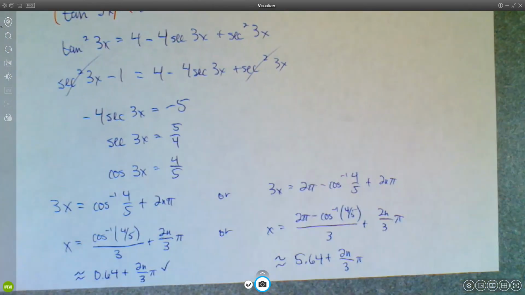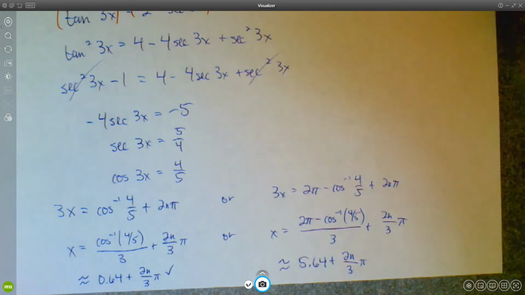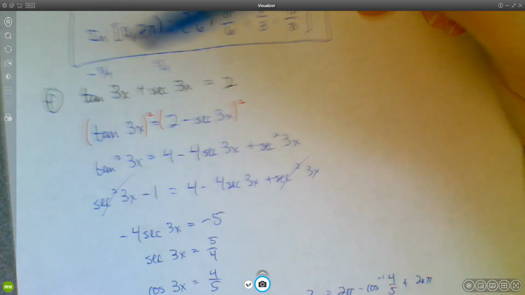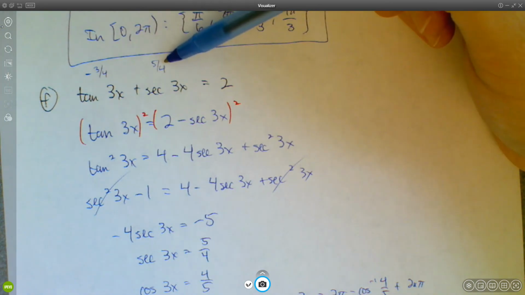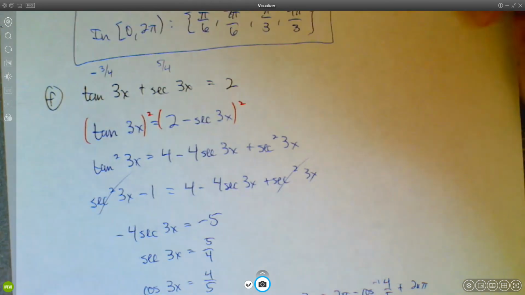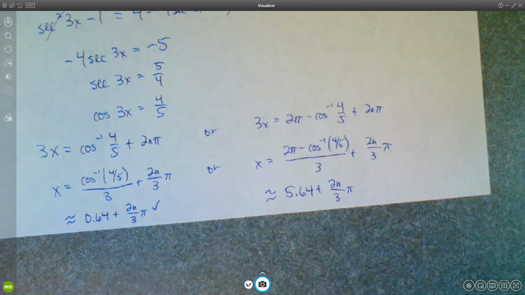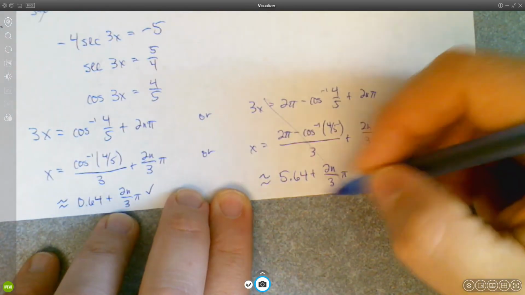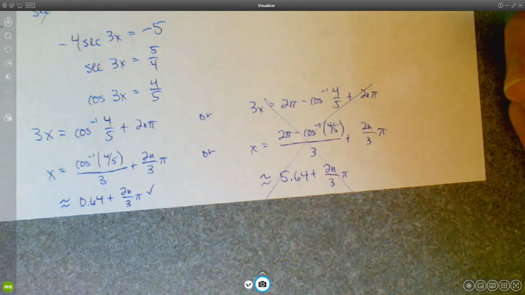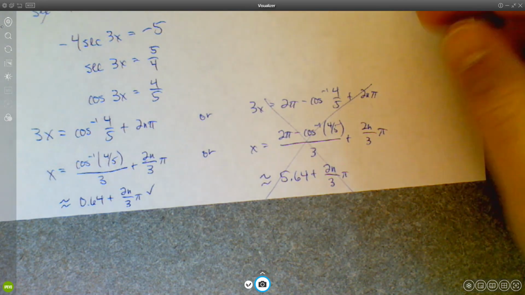And then if I plug in the same thing to the secant function, so 2 pi minus that stuff, I still get a positive 5/4 when I plug it into the secant function. And negative 3/4 plus 5/4 is what? 2/4, which is 1/2. So I think you get extraneous solutions here. Okay? So those ones are extraneous.